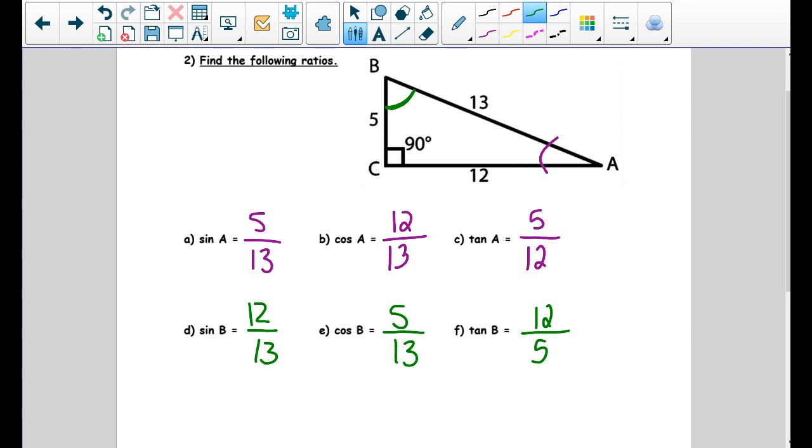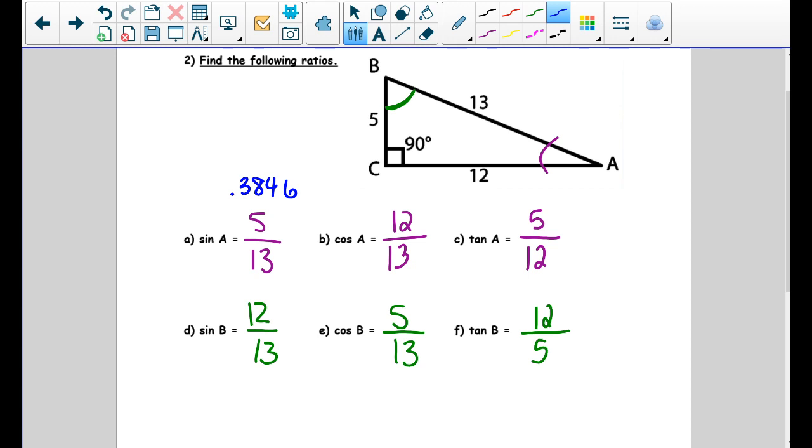Now, here's what I want to look at. If I grab a calculator and type in this ratio, 5 over 13, I get this decimal, 0.3846, and it keeps going, we're just going to round it to 4 spots.